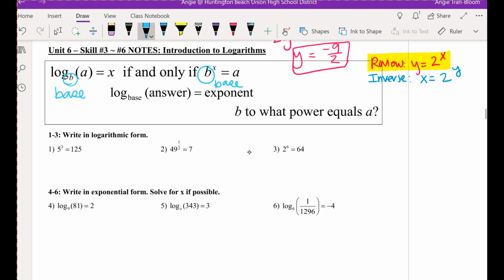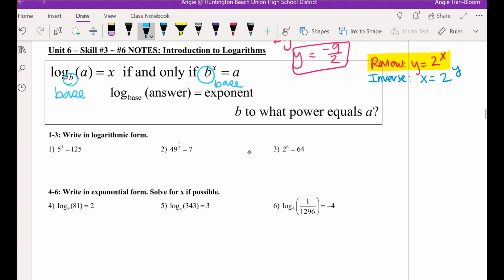Yeah. And then in exponential form, your output now goes right next to the word log. Okay? So if it's a base, it has to be a subscript. It cannot be on the same line as the word log. It has to be a subscript of it. Okay? So this is what we're going to use to answer all of this today.